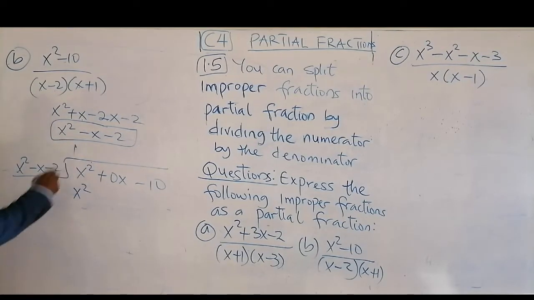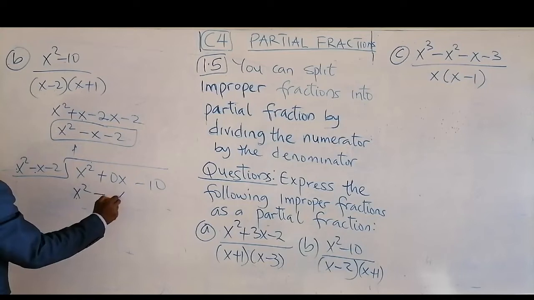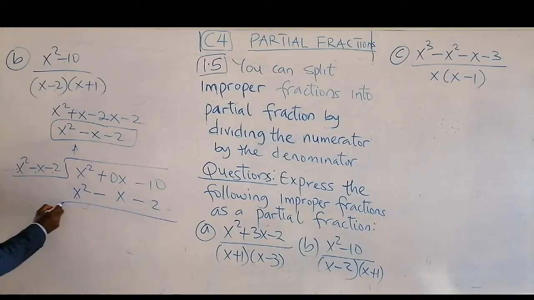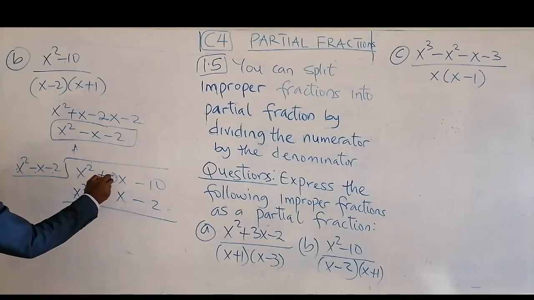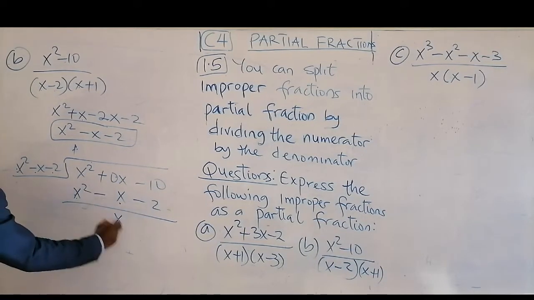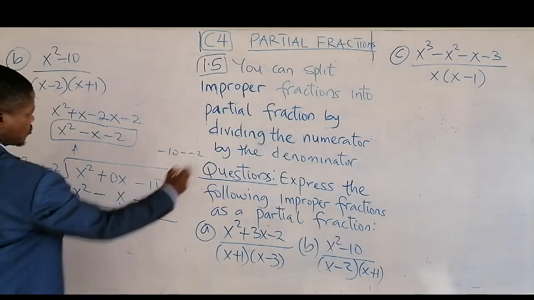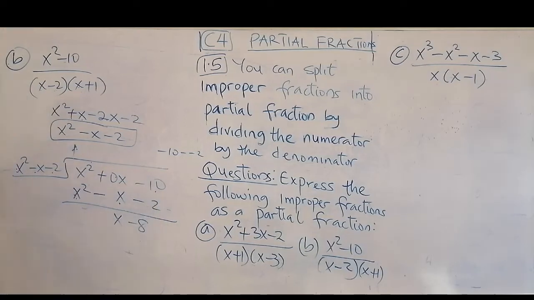That's 1. So 1 times this will give me this one. 1 times this one, I'll have minus x. And 1 times this, I have minus 2. So this and this will cancel. Then I have 0 minus x, I have this, and then minus 10 minus 2, that's minus 8. Okay?